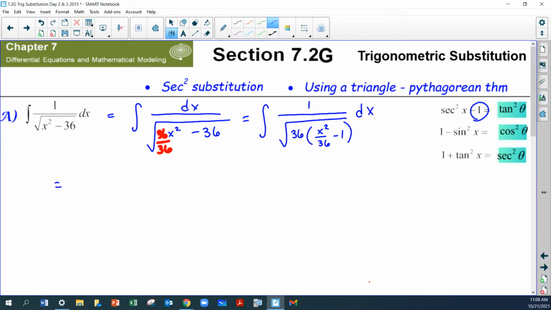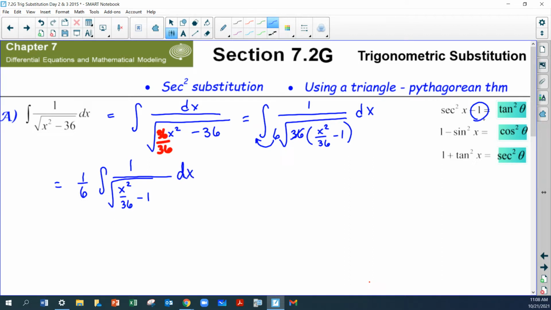Next step, I'm going to take the 36 and square root it and bring it all the way out front. So I get 1/6 the integral, because this would have come out as a 6, and now I'm just pushing it out in front of the integral. 1 over the square root of x squared over 36, take away 1, dx.